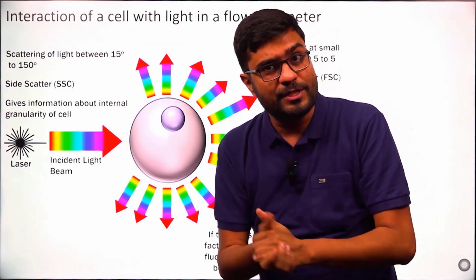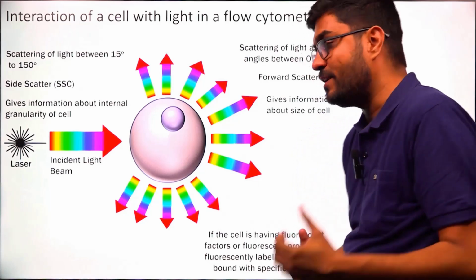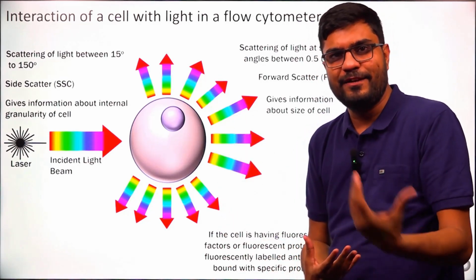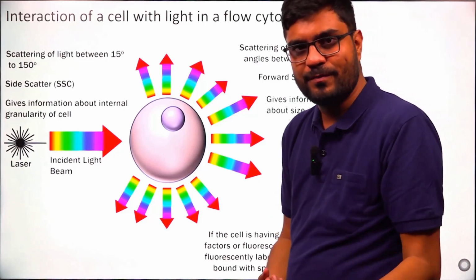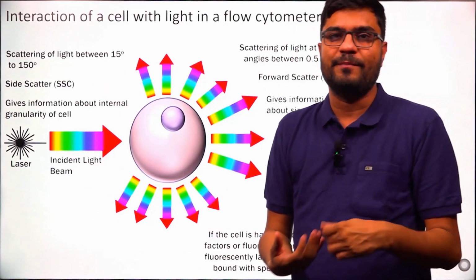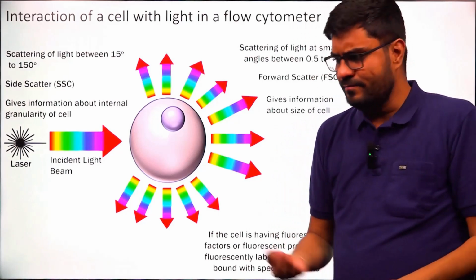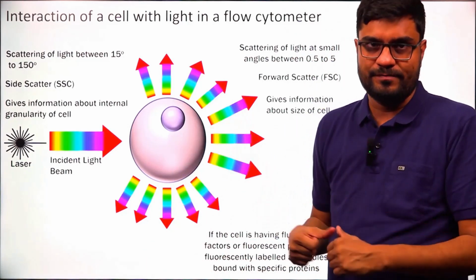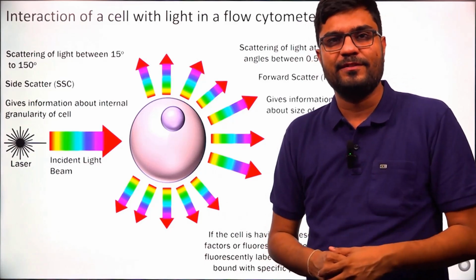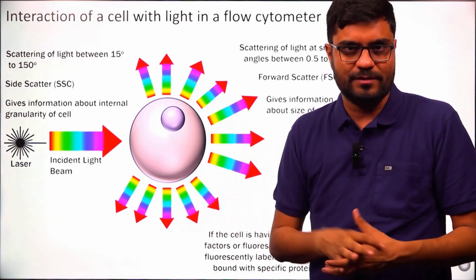The third information which we can get from a flow cytometer, if my cell is containing a fluorescent protein like green fluorescent protein, red fluorescent protein, or stained by a fluorescent dye like propidium iodide, SYBR Green, SYTOX, or the proteins of this cell are labeled with fluorescently tagged antibodies.